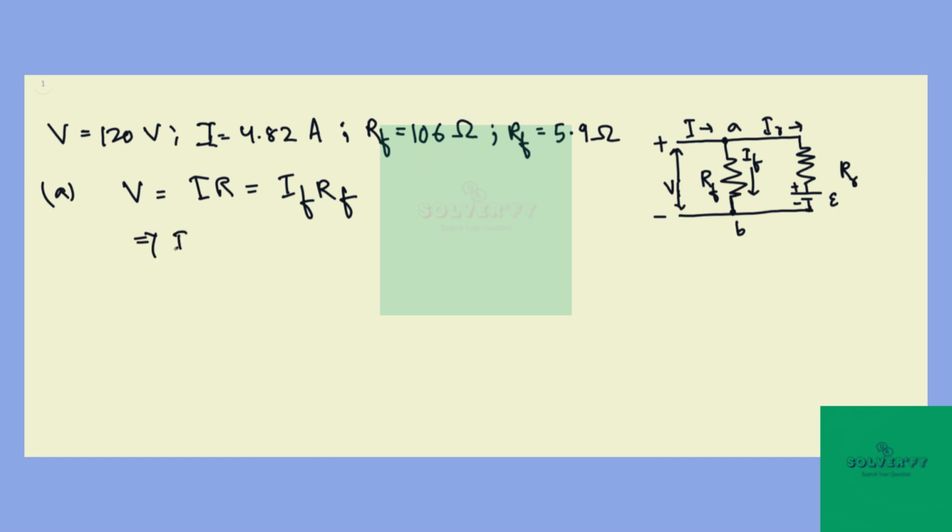From here we can find the current, which is equal to V over RF, and we get this value to be 1.13 ampere.